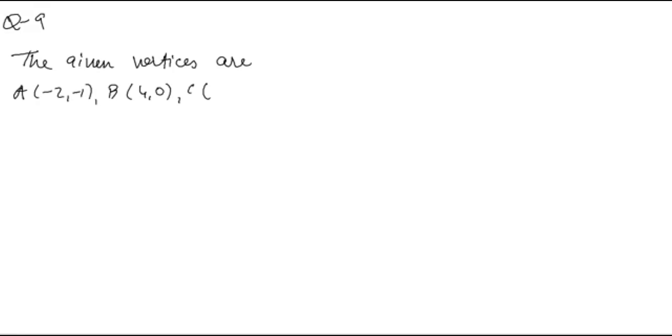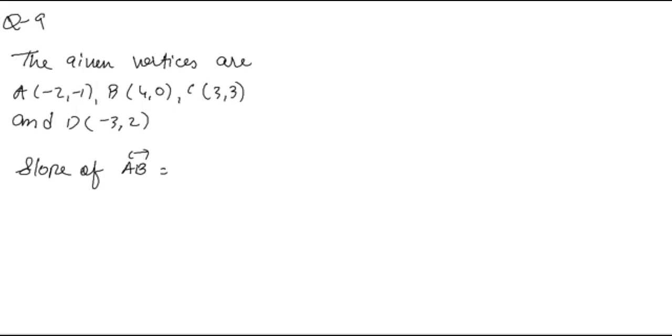So the given vertices are A minus 2 comma minus 1, B 4 comma 0, C 3 comma 3, and D minus 3 comma 2. So we'll try to find slope of AB line.